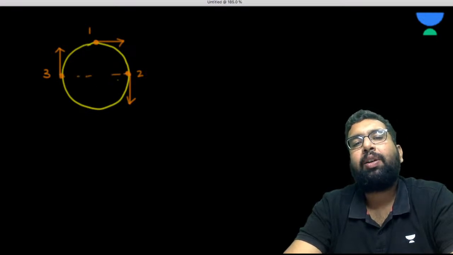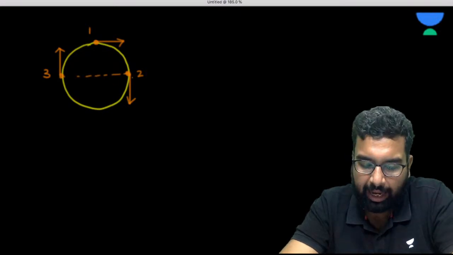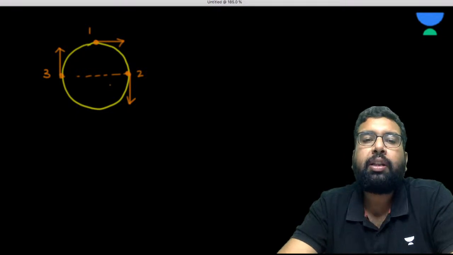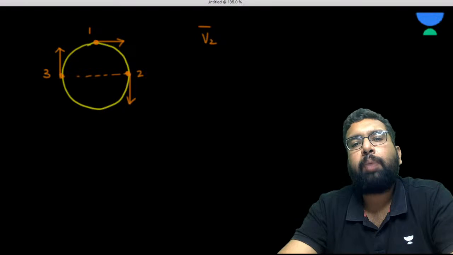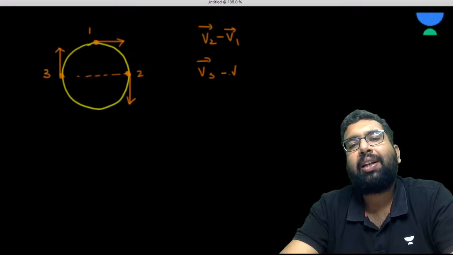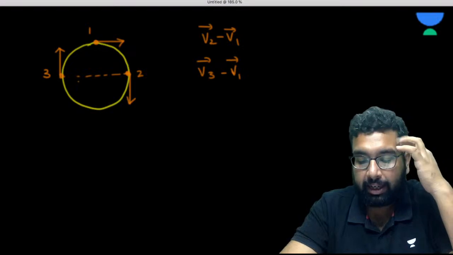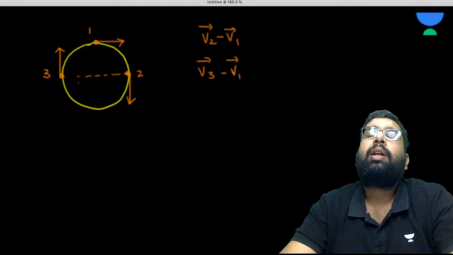Because in the world of vectors, it happens to be like this. You did v2 minus v1 and you did v3 minus v1. Both were the same, because when this is moved by 270 degrees, again the angle between the vectors is 90.